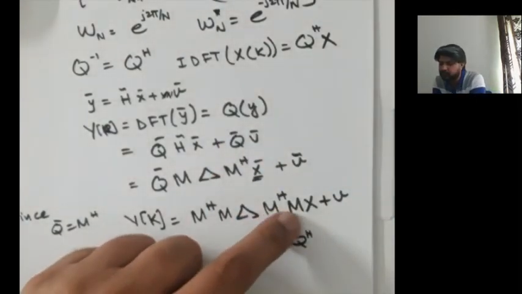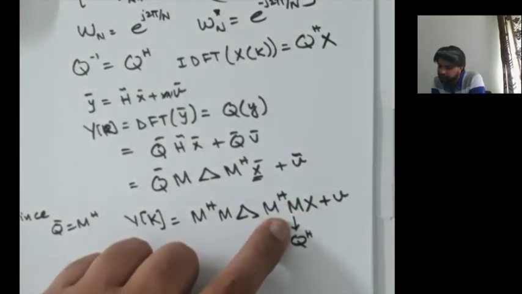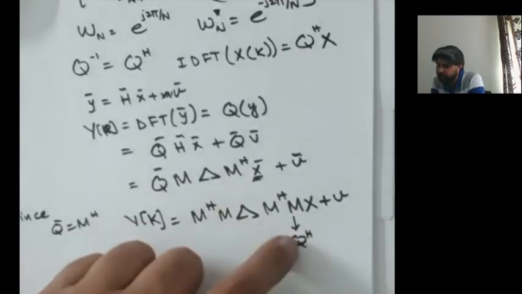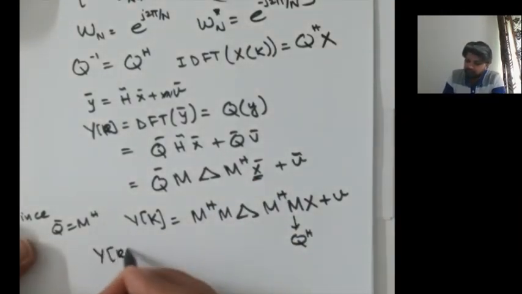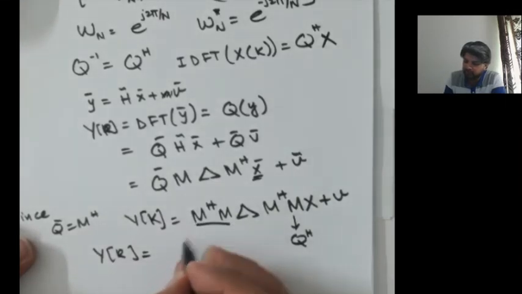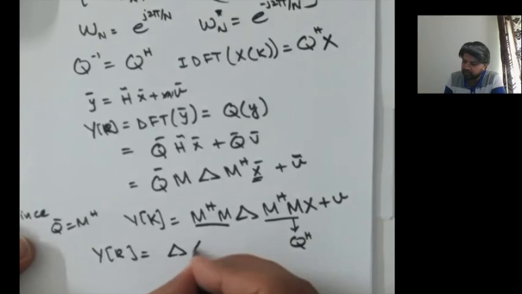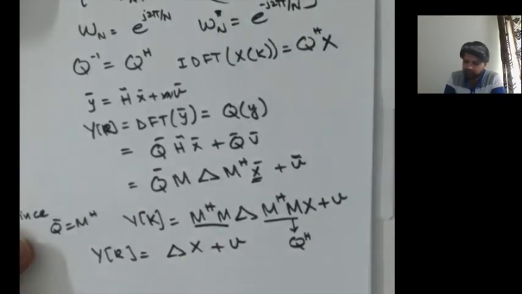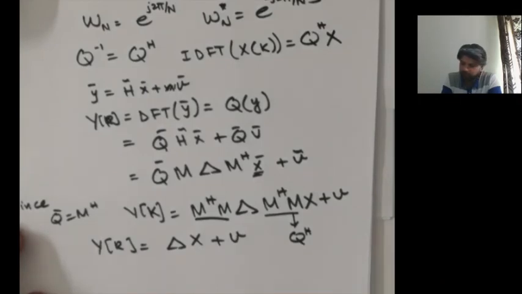So this operation is the inverse discrete Fourier transform of this capital X that gives you the small x, right? So hence you can write this y of k as, this is an identity matrix, this is an identity matrix, you can write it as delta times x plus v. In other words, you have diagonalized your matrix. Diagonalize this matrix and you have decomposed using the eigenvalue decomposition.